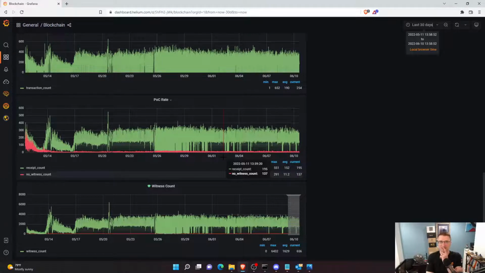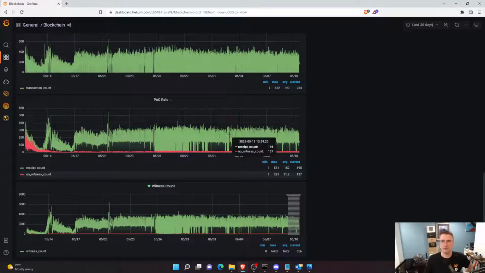It was regularly mining, and then in the last couple weeks, it's probably slowed down just a little bit, but I'd say earnings are probably about the same, and that's probably par for the course. Amir was on the Discord a lot this week, and the vibe that I got was that things are slowly improving, but yeah, it's still a little problematic. Obviously, we're not back up to that 800 POC rate yet.